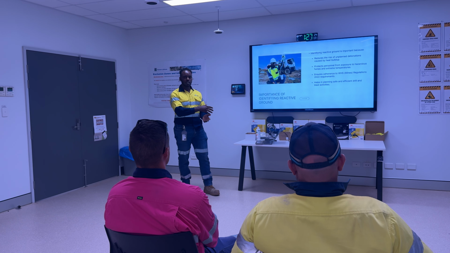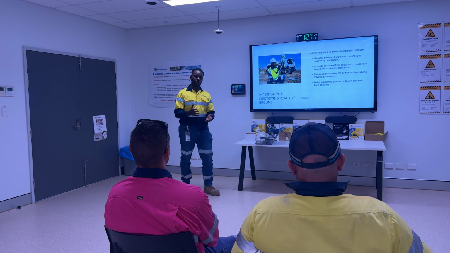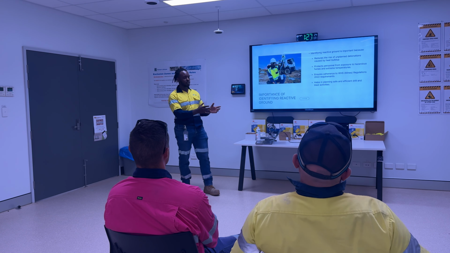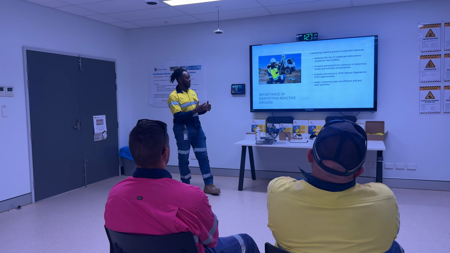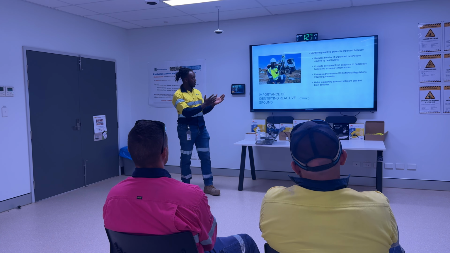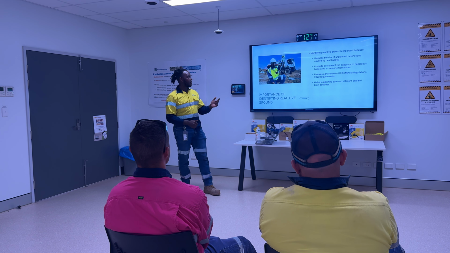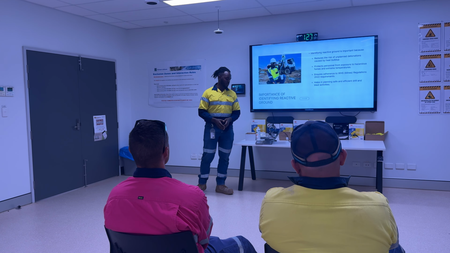If we can identify these, it allows us the opportunity to use proper protective equipment to manage those risks. This also helps us adhere to the WHS regulations, as we have mentioned before. It also helps us in planning safe and efficient drill and blast activities.